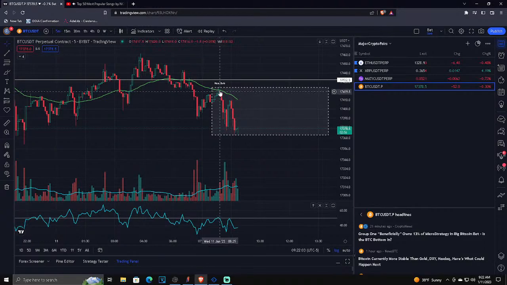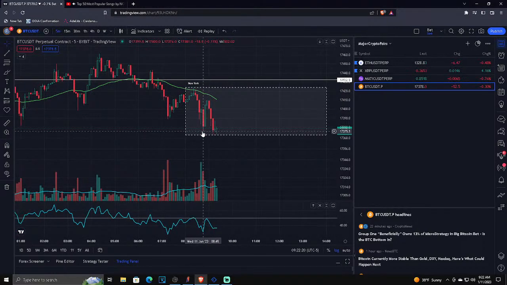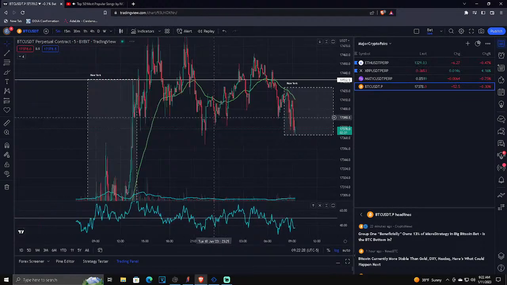This would have been a great entry point on a short, kind of the opposite of what I spoke to on the US100 from yesterday's chart. Instead of a bullish hammer, you got a bearish hangman, and then a kind of doji after that, and that would have been a nice 2-to-1 short position on Bitcoin. So trading under the 50-period moving average is when you'd be looking for shorts.